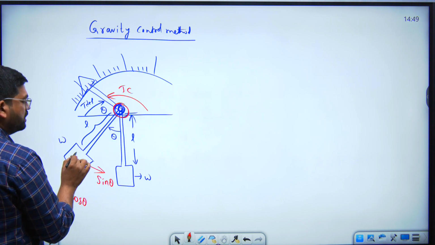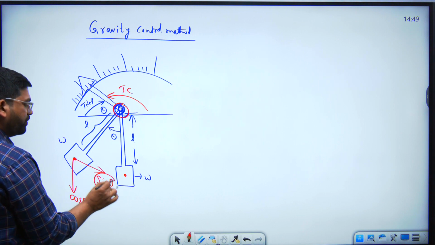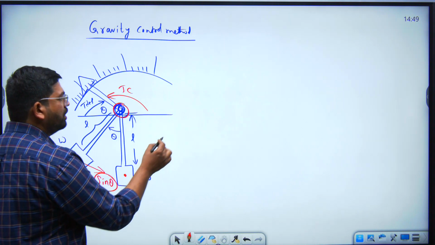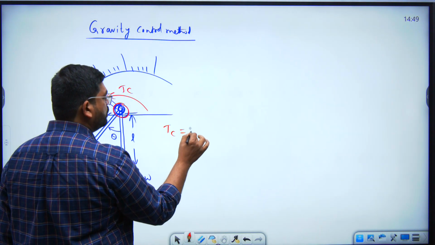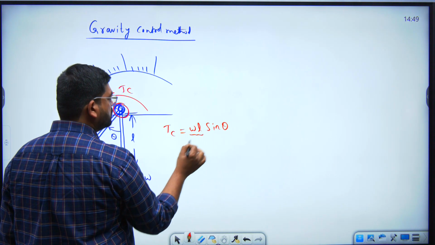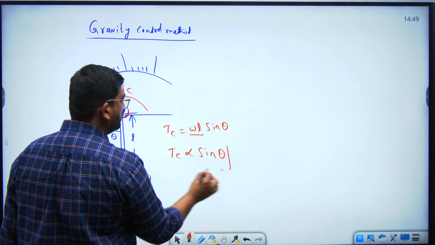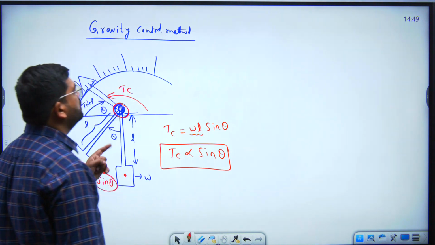Because of that, this control weight will come to its rest position. So controlling torque is equal to WL sin theta. These are constants. So TC is proportional to sin theta if it is gravity control method.